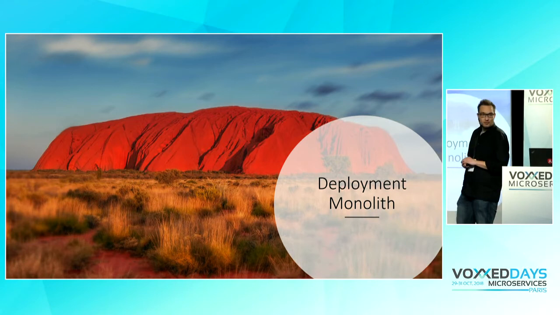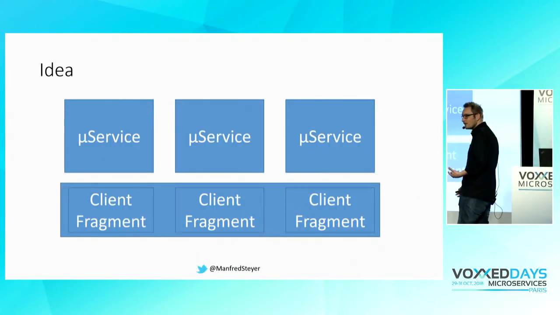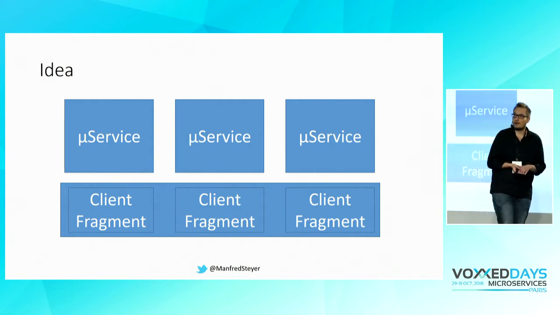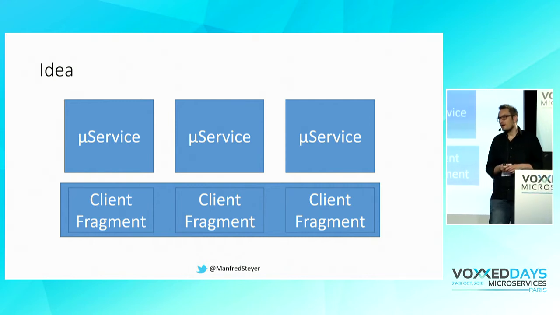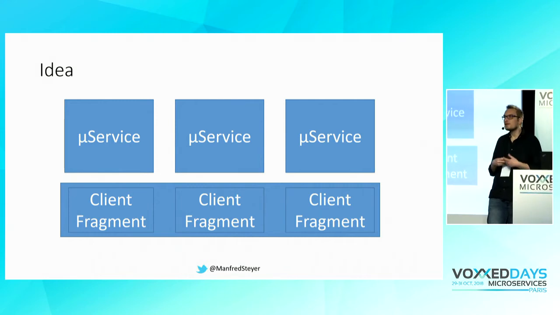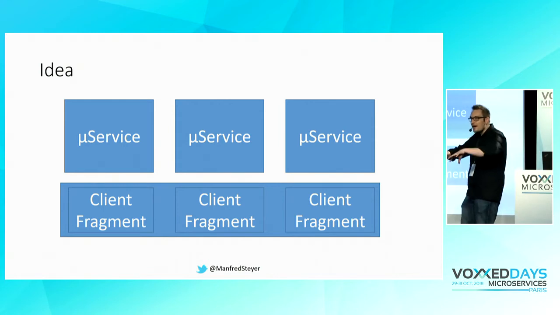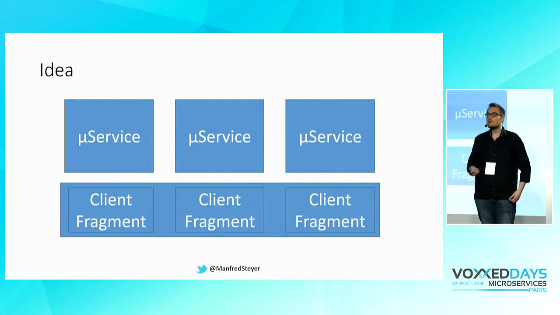When it comes to a deployment monolith, you have just one client, but of course, you can subdivide this client into tinier parts. Here I'm calling those parts client fragments. And those client fragments can be developed independently. One team can work on one fragment, and then at the end, everything is integrated into this monolith, compiled together and published together.